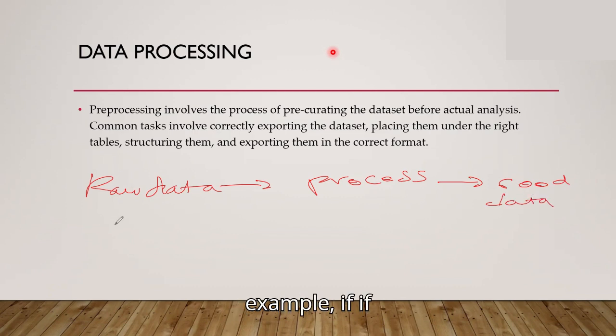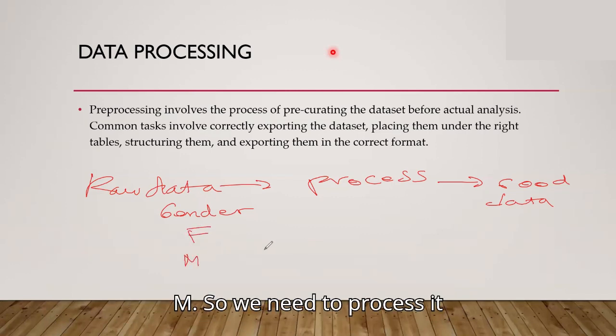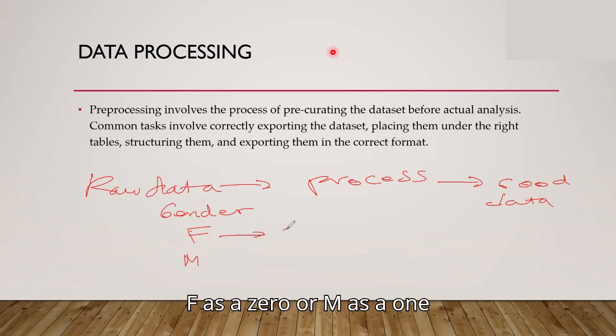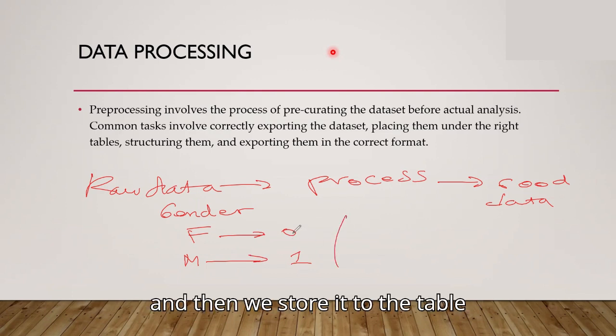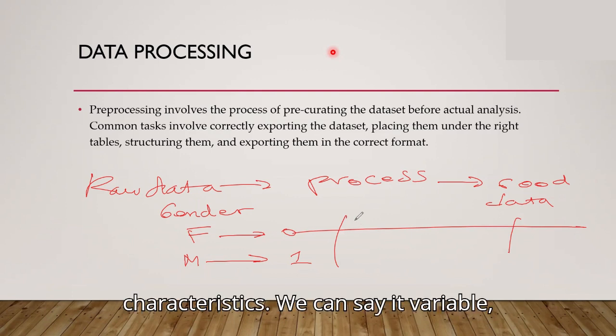For example, if we ask for gender, someone will answer F, and someone will answer M. So we need to process it to become a good format. For example, we can use F as 0 or M as 1, and then we store it in a structured table that contains a lot of variables or characteristics.